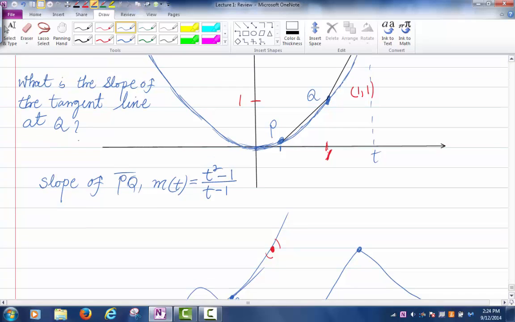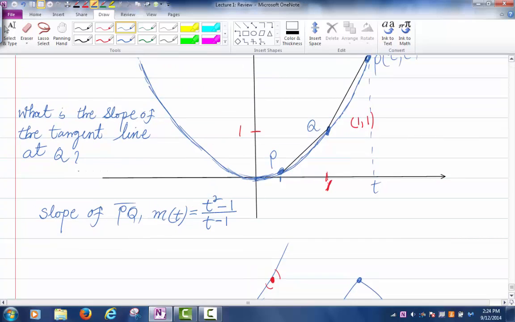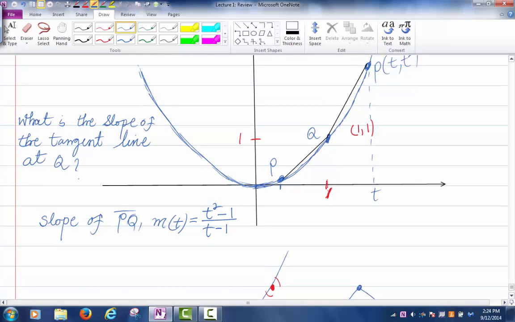Now, notice one thing here. Can I say the following? Now, let's let t approach 1, okay? So let's allow t to approach 1. So t gets closer and closer to 1. What's happening to the line segment PQ?